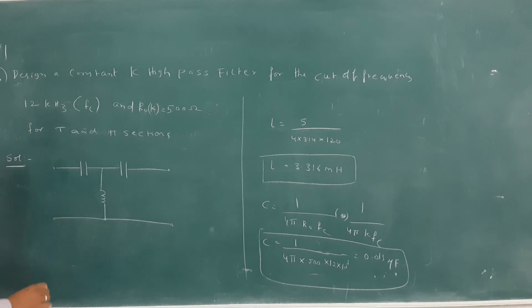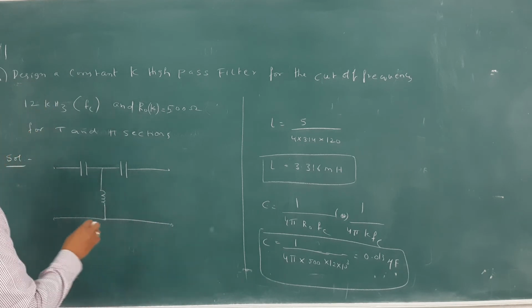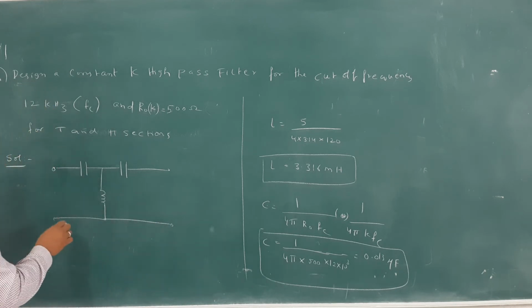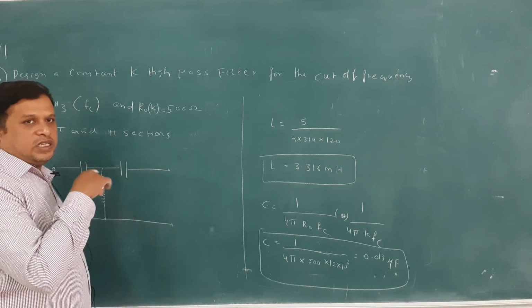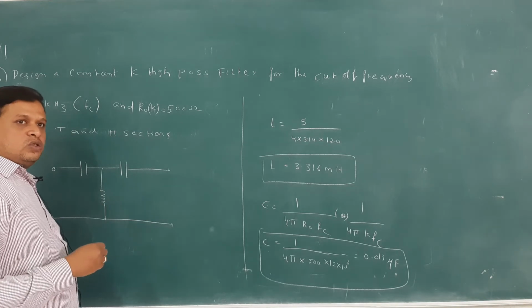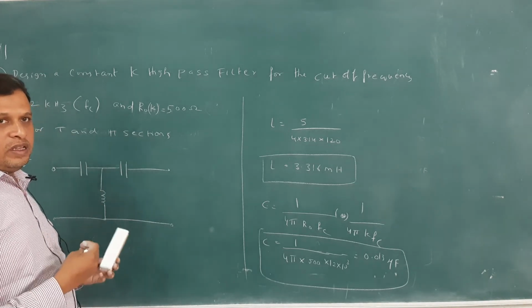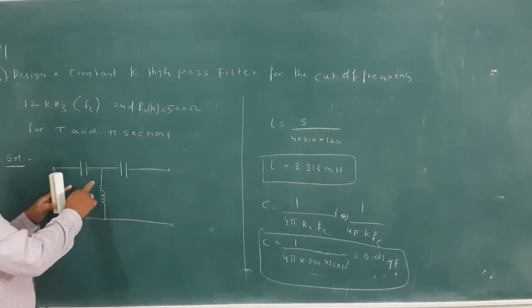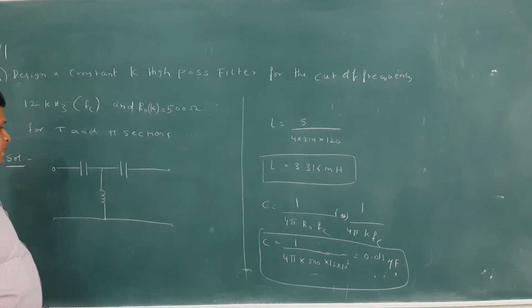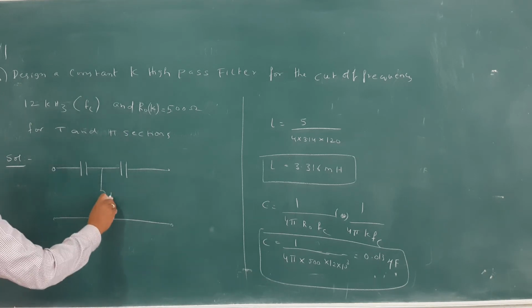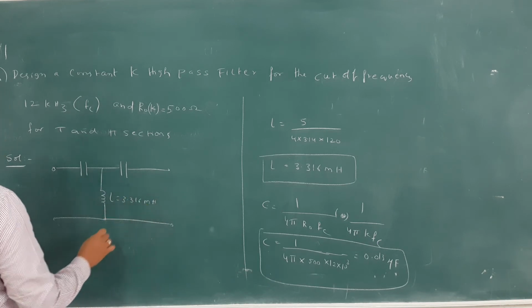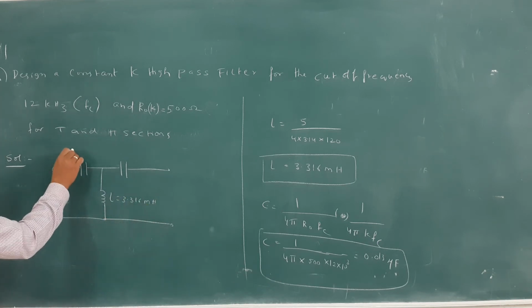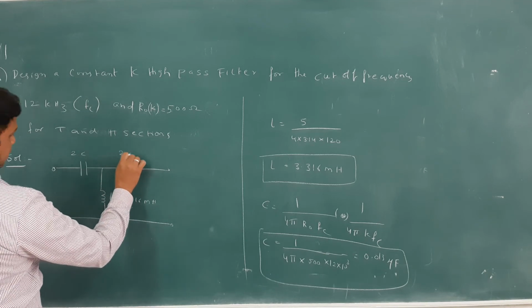The capacitor values, inductor values, how they are changing, you can see in the constant K high pass filter and constant K low pass filter. T section will be the same T section only, but the inductor and capacitor values and design, where the placement of the capacitor and inductor also varies. So here L is equals to 3.316 millihenry and it is 2C and 2C because it is a series impedance.